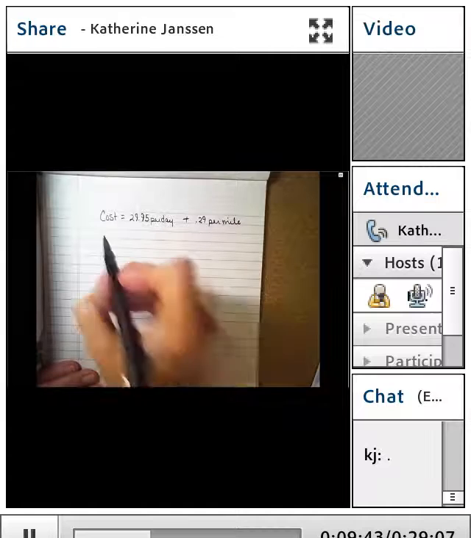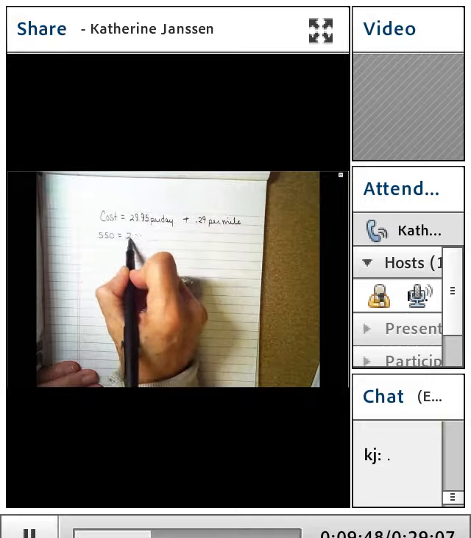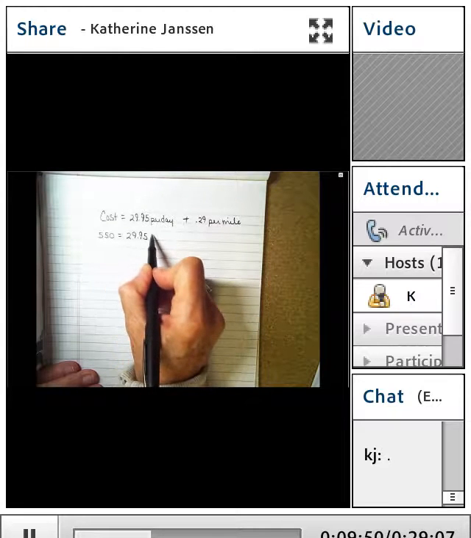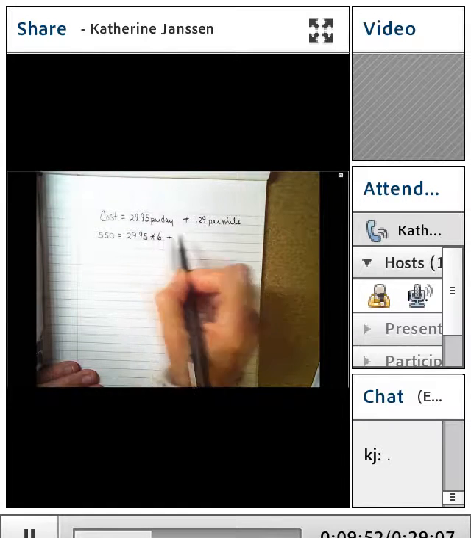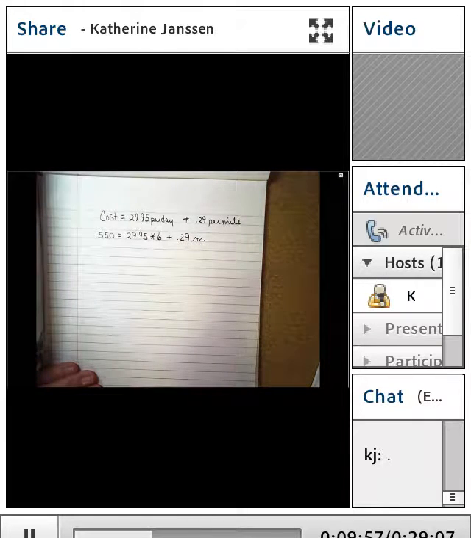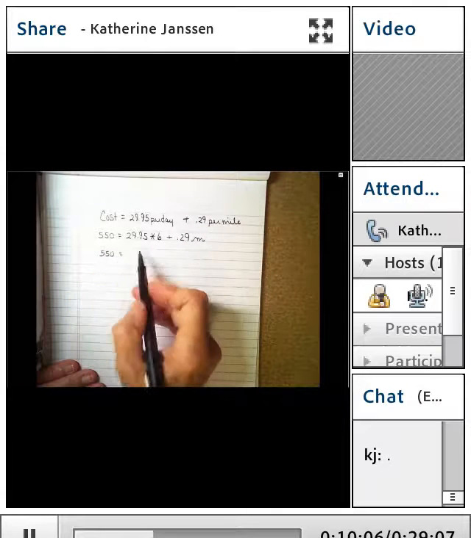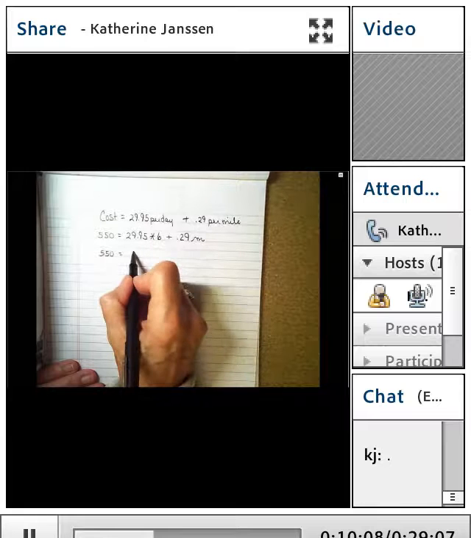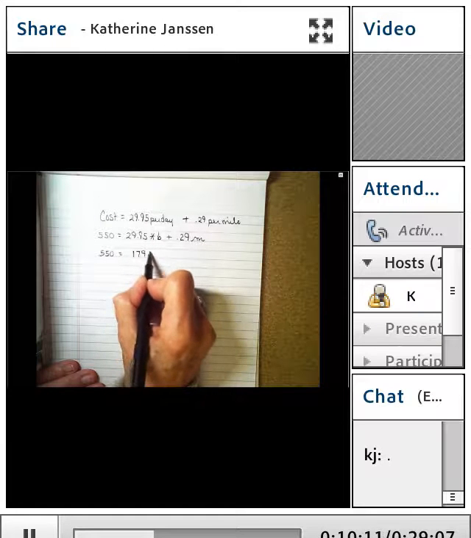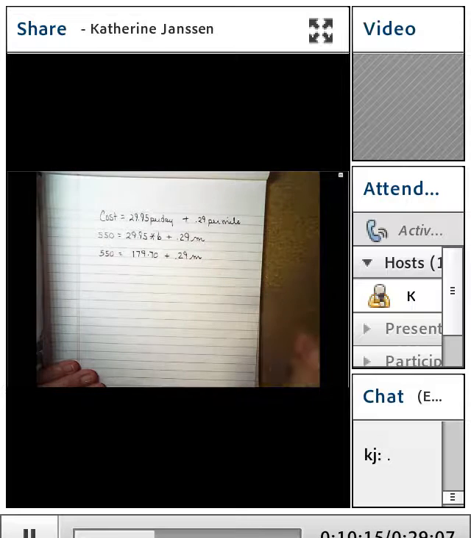Now our budget is $550, and we're going to need to rent this truck for 6 days, but we don't know the number of miles that we can drive yet to stay within our budget. So I have 550. 29.95 times 6 on your calculator is 179.70 plus 0.29 are unknown miles.